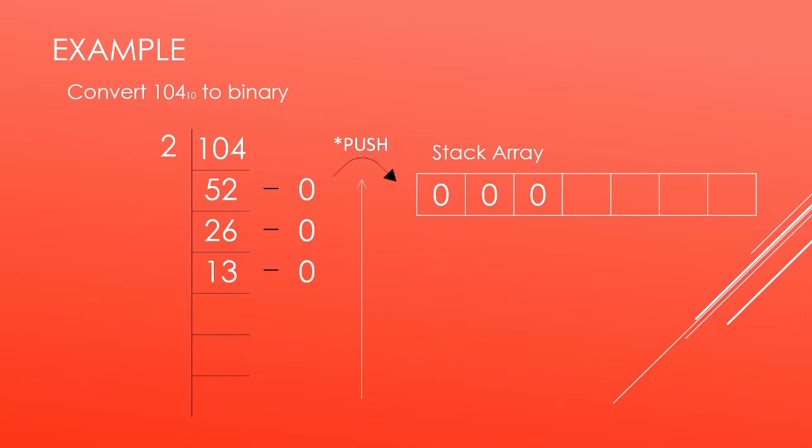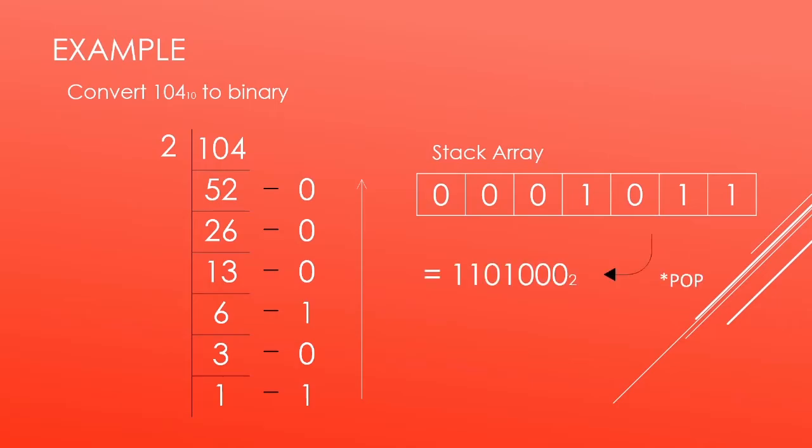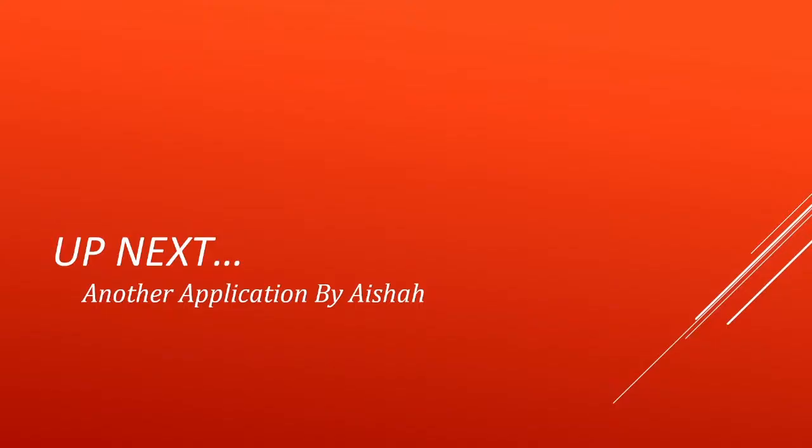Repeat again, and finally we get this. Then all the remainders from the stack array will be popped out and we'll get the answer. So that's it for stack application binary conversion.